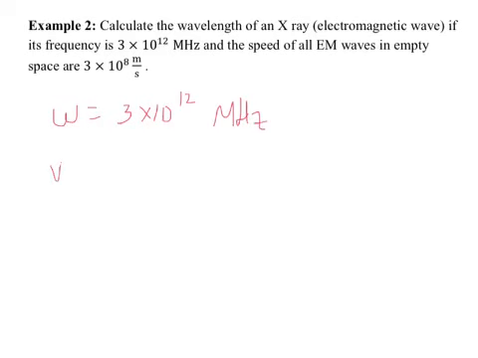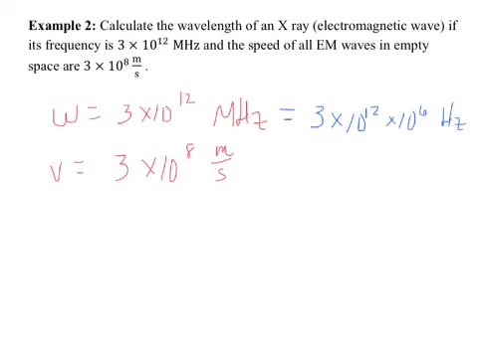The velocity in space is 3 times 10 to the 8 meters per second. What we want to notice right away is that we have megahertz here, so we should convert that. Mega is times 10 to the 6. So this is really 3 times 10 to the 12 times 10 to the 6 hertz. That's what a mega is. So this is really times 10 to the 18.